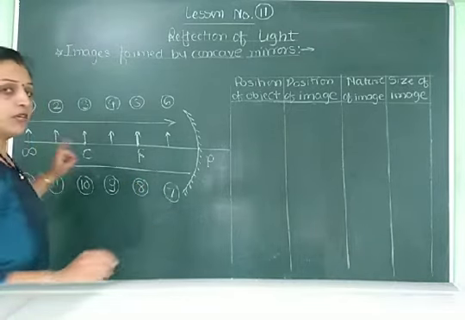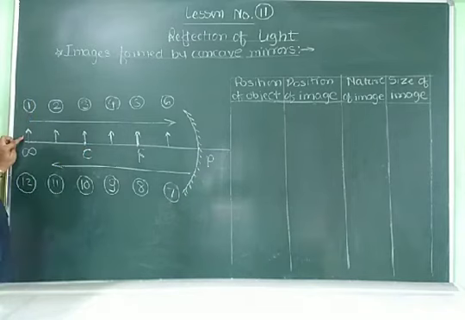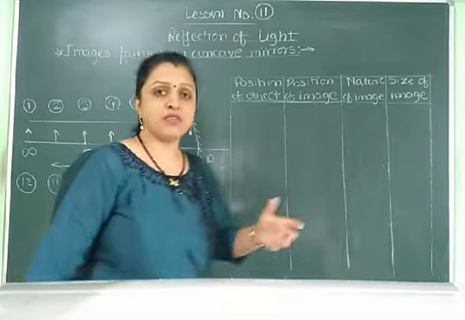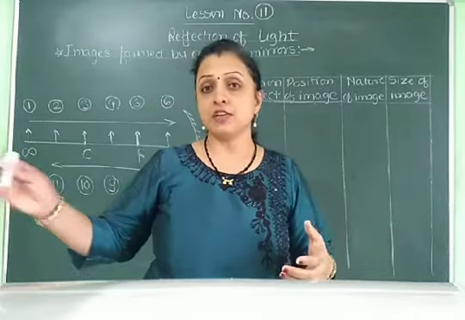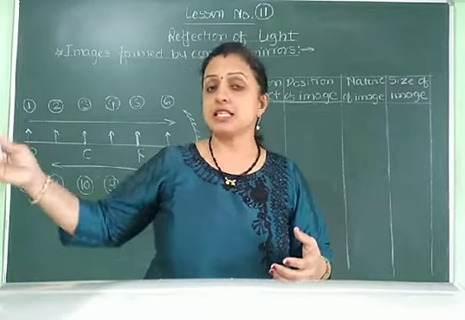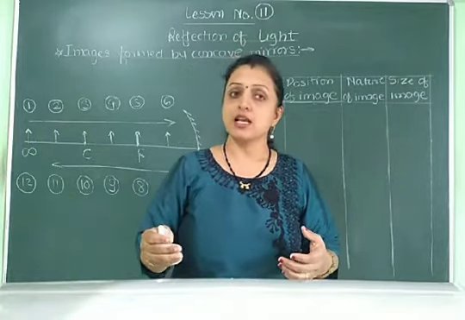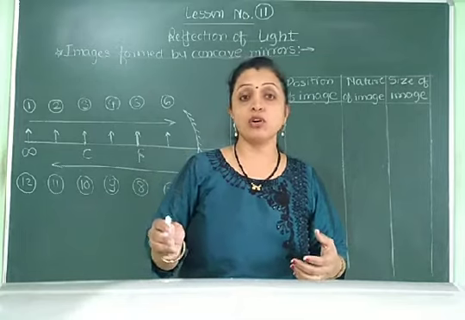So consider, if we place the object at infinity, means at a very large distance, then we know that the rays coming from the object which is at infinity, for example sun, these rays are coming parallel to each other and also parallel to the principal axis, and we know that concept of a focus.